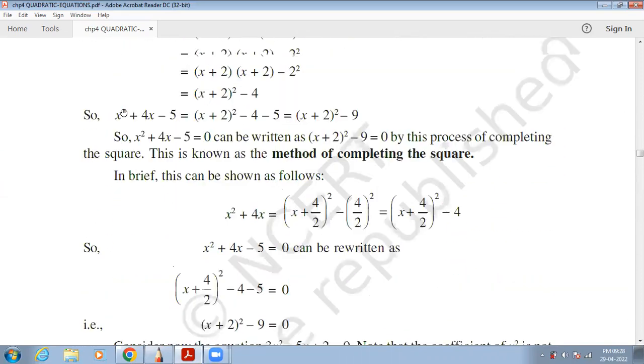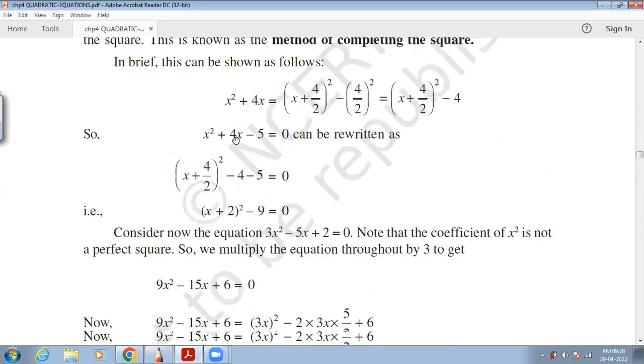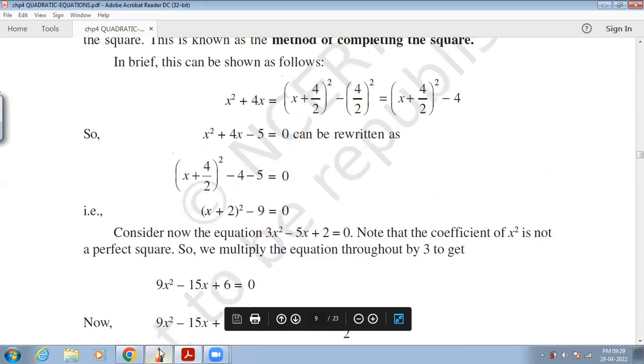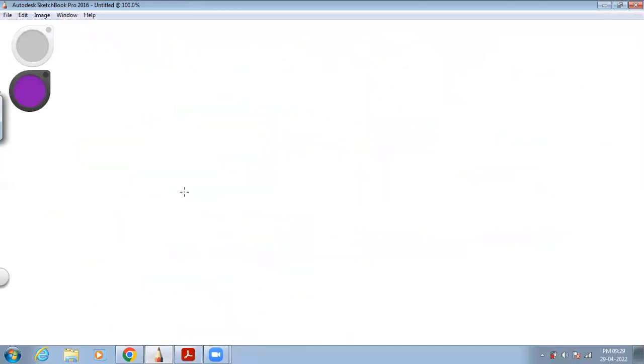Let's just take this first very easy one. x squared plus 4x minus 5 equals to 0. So this is our equation.